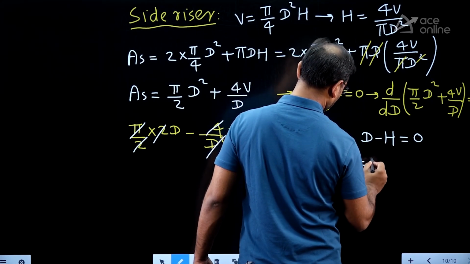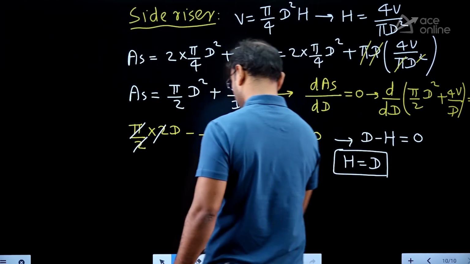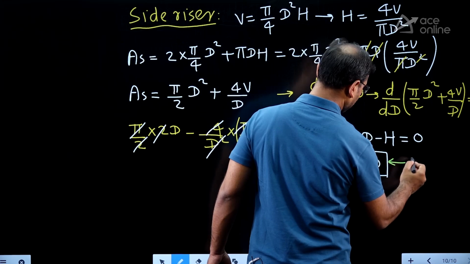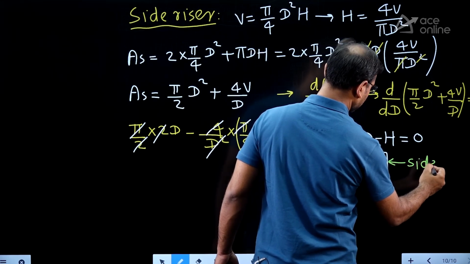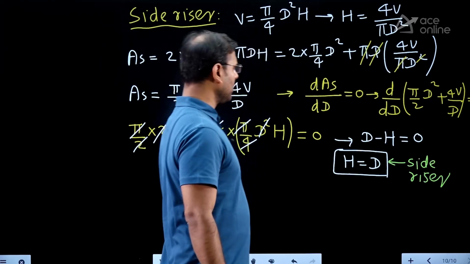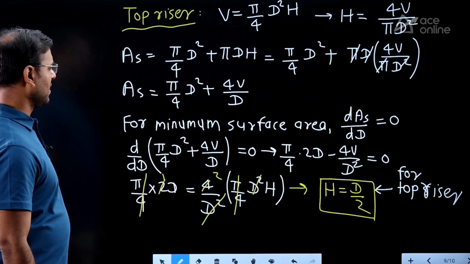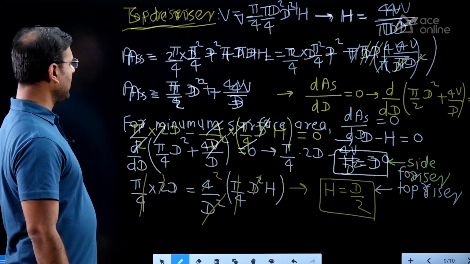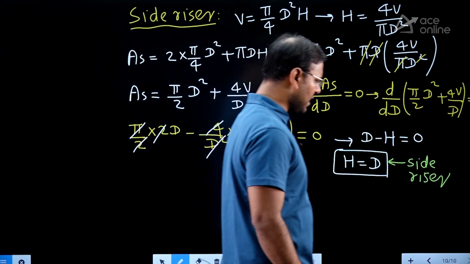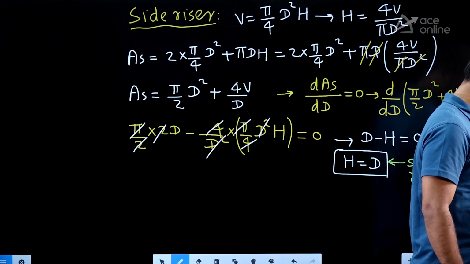Therefore H is equal to D, and this H is equal to D I am writing for side riser. H is equal to D for side riser. And here H is equal to D by 2 for top riser. Yes guys, the two relations are important, which we completed.